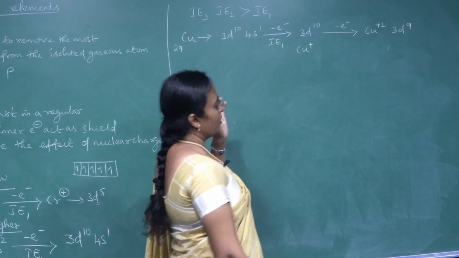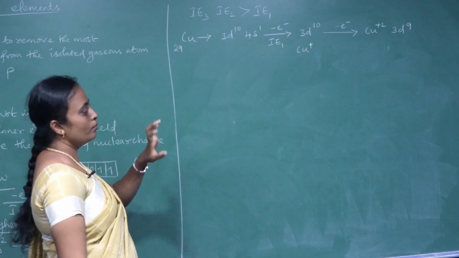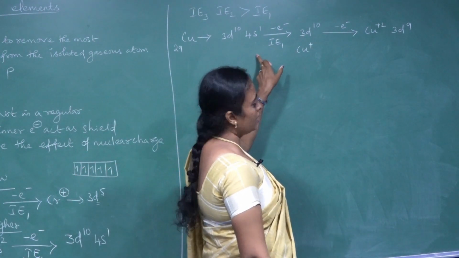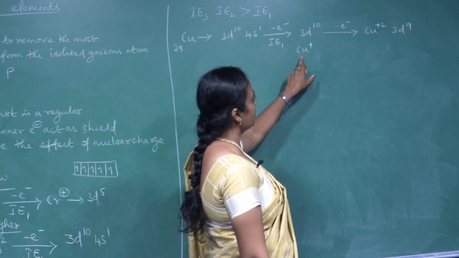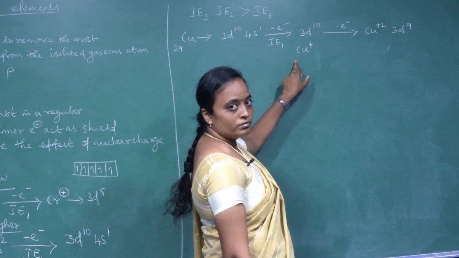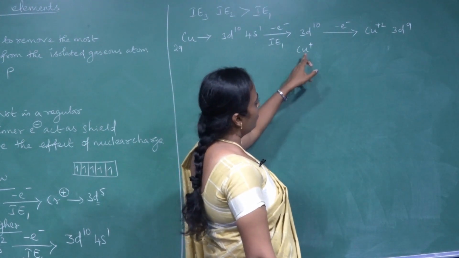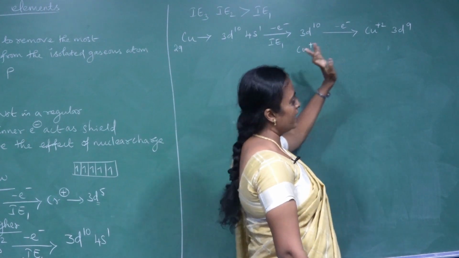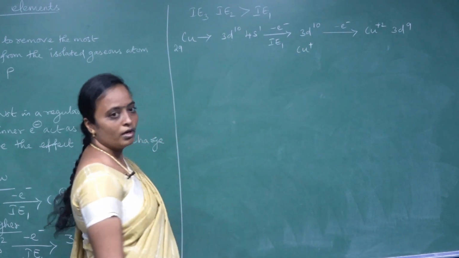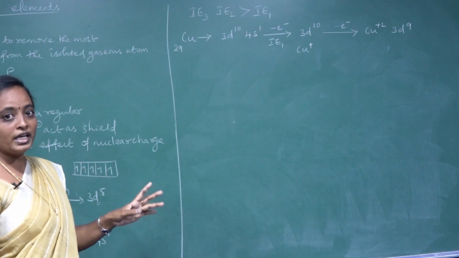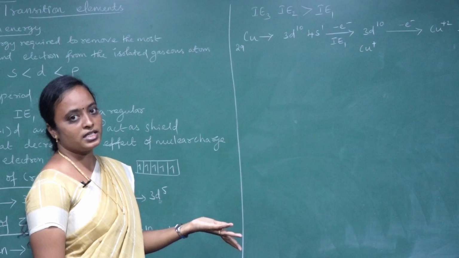So when comparing, the first ionization energy, forming Cu plus, will be low, but removing one more electron from Cu plus to form Cu plus 2 involves more ionization energy. The second ionization enthalpy will be greater than the first ionization enthalpy.